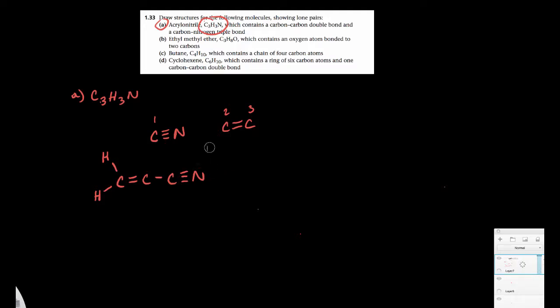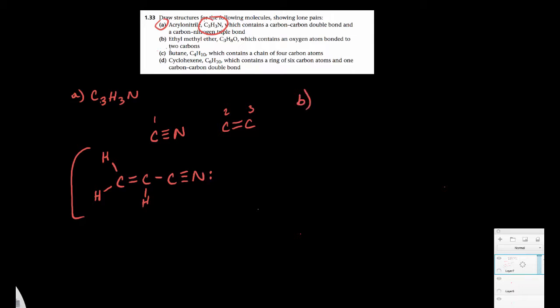Instead of putting the hydrogen there, let's put it on this carbon. So now this carbon has 4 bonds, this carbon has 4 bonds, this carbon has 4 bonds, and this nitrogen, if we put a lone pair there, has no formal charge, and it's got its 5 valence electrons. Essentially 3 bonds plus a lone pair makes 5. So this is the structure of acrylonitrile.